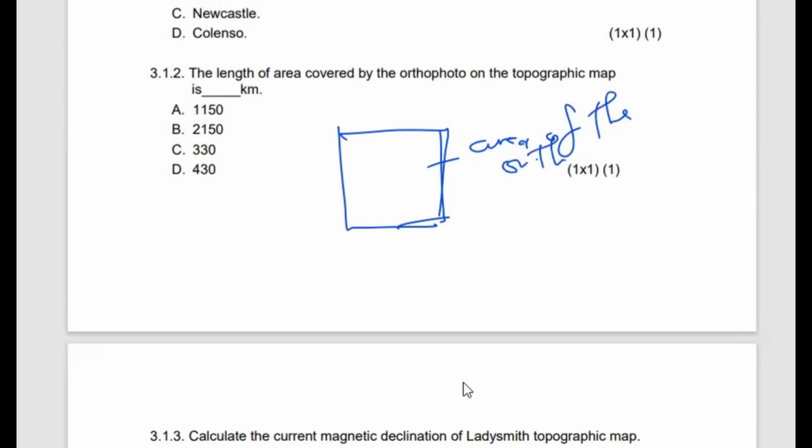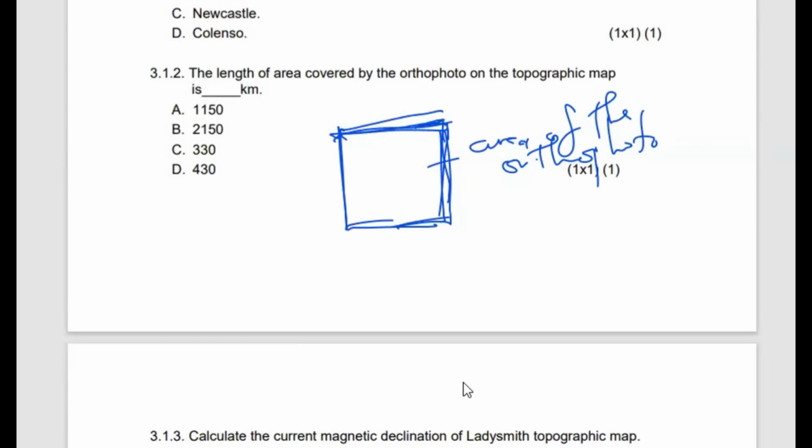It will be written there. The red block on the topographic map is the area which is mapped on the orthophoto map. So you're supposed to find out the length of that area, which means the longer side of the two.